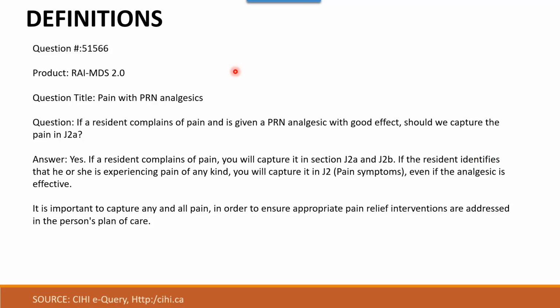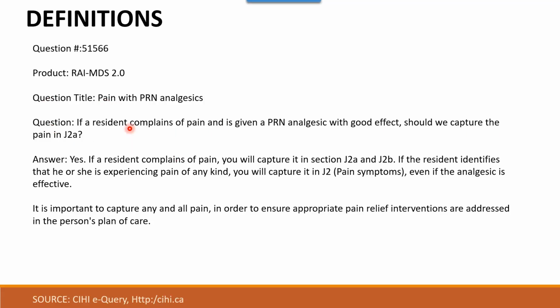Now, some definitions. These are some clarifications that CIHI has made, and we need to go through looking at this. So the first CIHI clarification on the eQuery webpage had to do with pain and PRNs. And the question was, if a resident complains of pain and is given a pain analgesic with good effect, should we capture the pain in J2A?